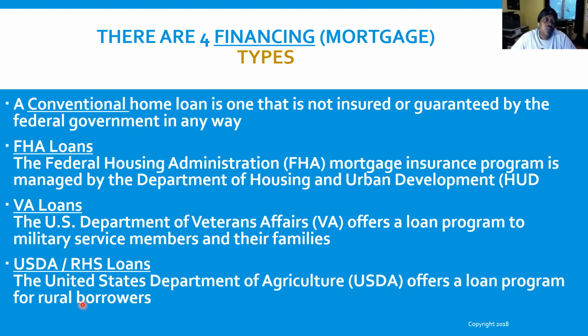So if you're not within a city limit, you're in the rural area, you get some perks for being in the country. I love the country personally. That's basically all that means. Does anyone have any questions about your loan types?